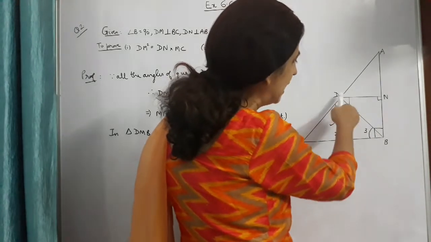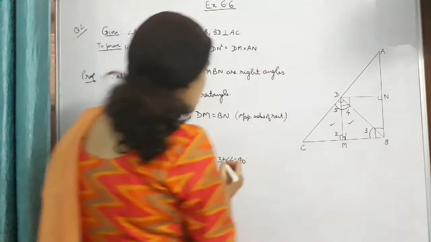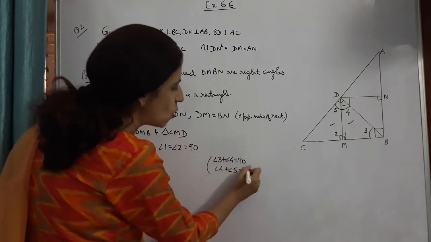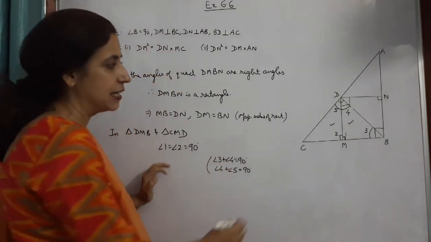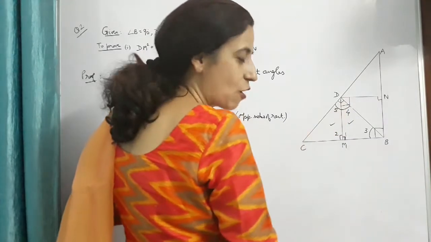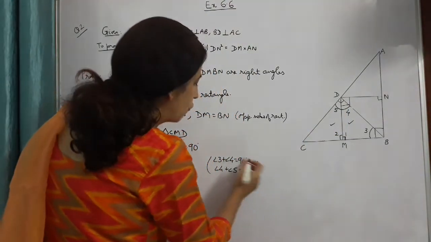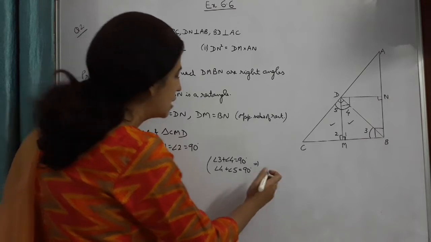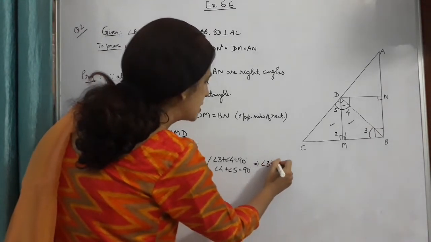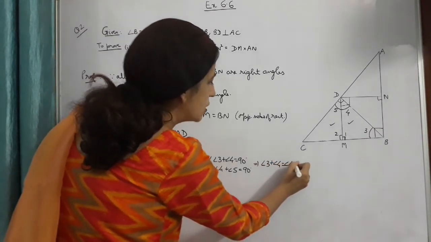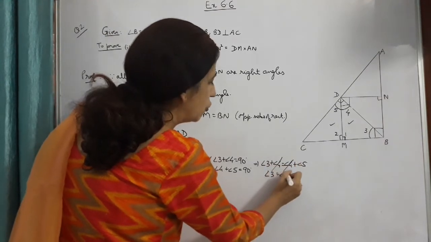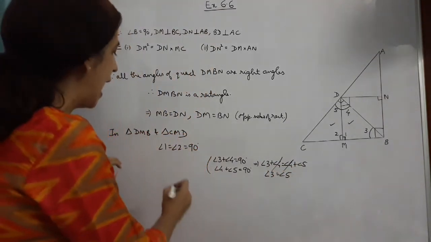And since BD is perpendicular to AC, so angle 4 plus angle 5 is also of measure 90 degrees. So from the above two equations, the right hand sides are equal. So definitely the left hand sides will also be equal. And we obtain that angle 3 is equal to angle 5.